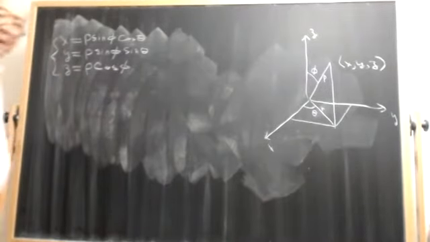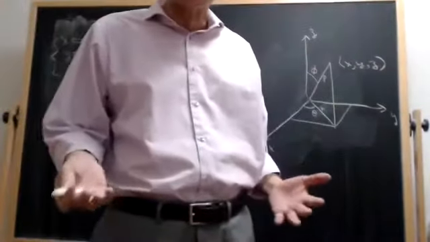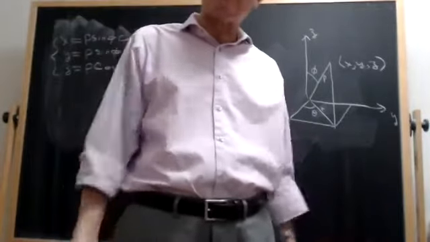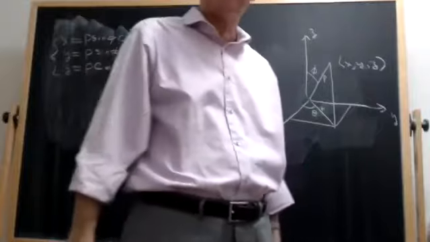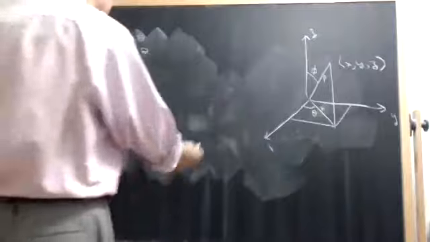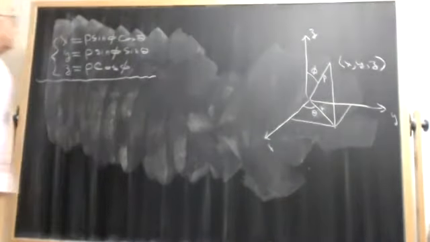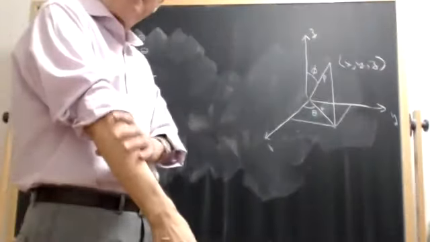And if you remember, theta is between 0 and 2 pi, phi is between 0 and pi, and rho is positive or 0. I'm not going to write this down. Now we are very well equipped to solve the problem.